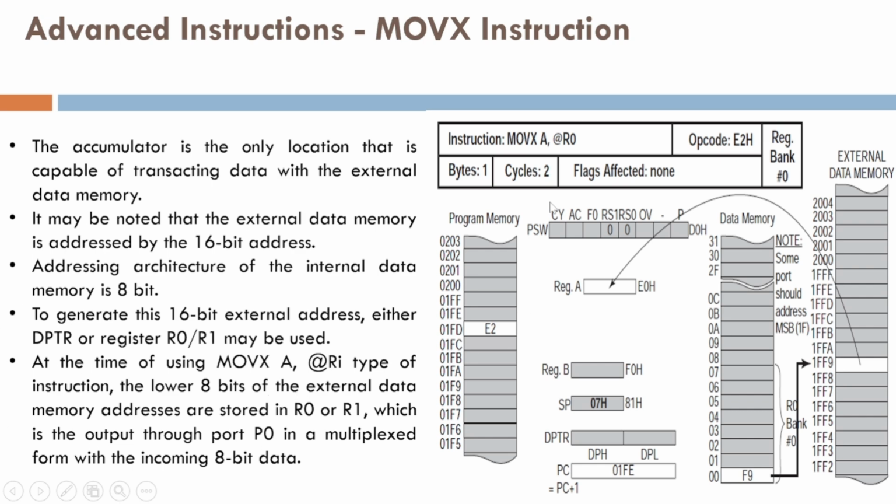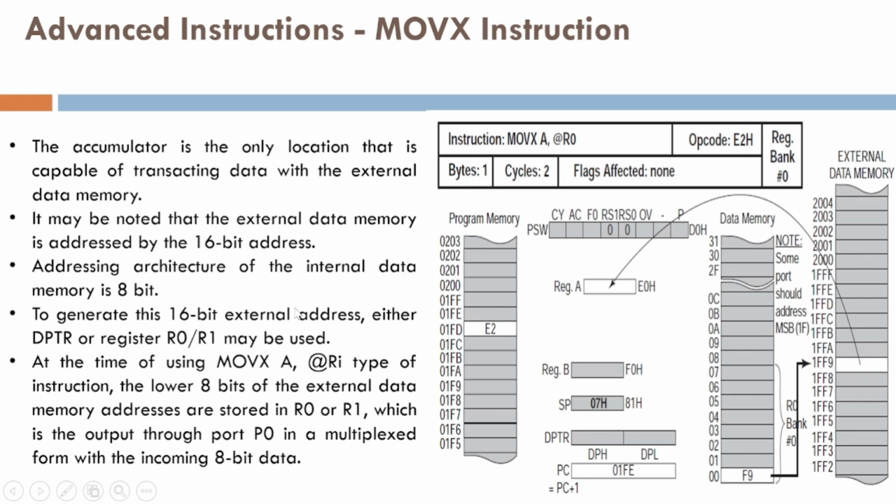In this particular case where we are considering R0, the lower 8 bits of the external memory address are stored in either R0 or R1. Suppose we want to address the location 1FF9 in the external data memory. The F9 part, the lower address, is stored in either R0 or R1. Now this F9 is sent out to port 0.